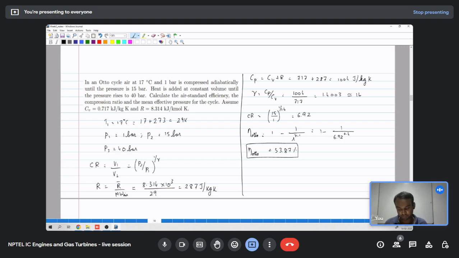So mean effective pressure is work done per cycle divided by displacement volume.